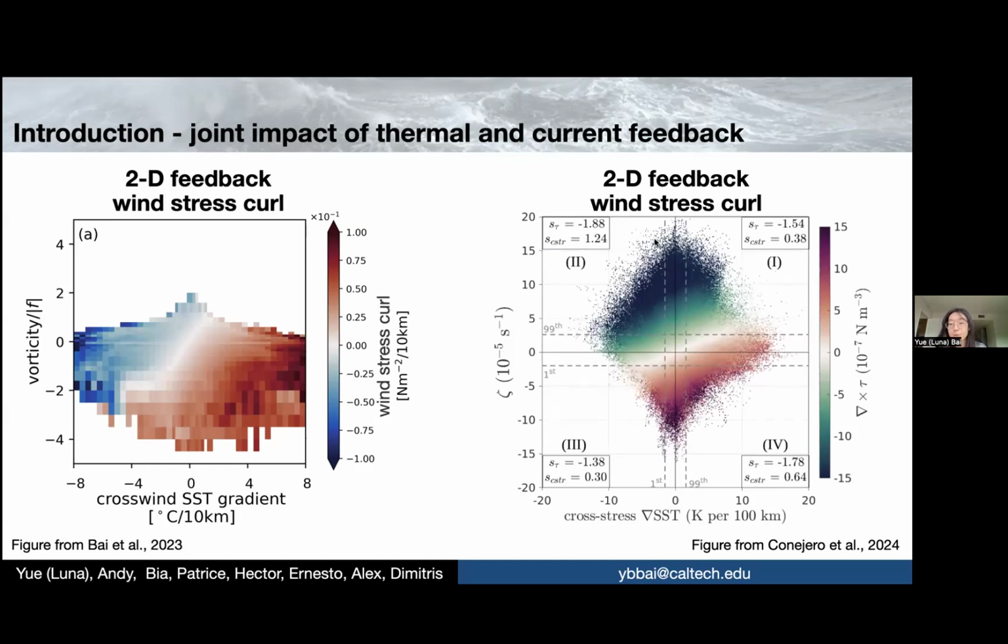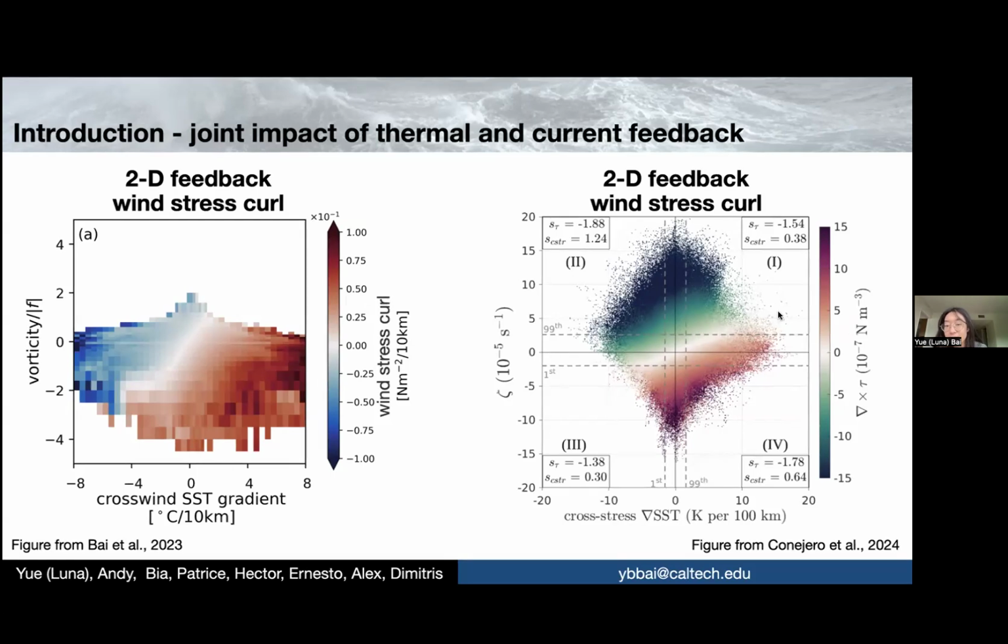To the right is a very recent study by Kanahiro et al. 2014. In their super high resolution numerical simulation, they also conducted this 2D feedback analysis, and they also find this tilted zero line between wind stress curl and ocean surface vorticity and crosswind SST gradient. So this is very reassuring, which means that this mechanism is not model dependent.